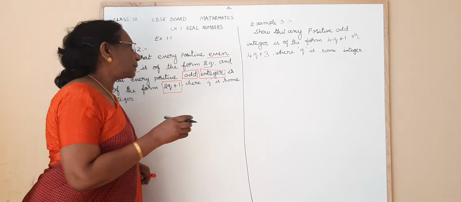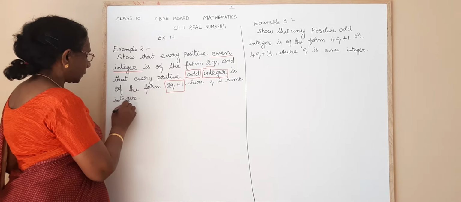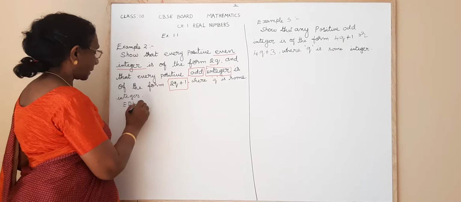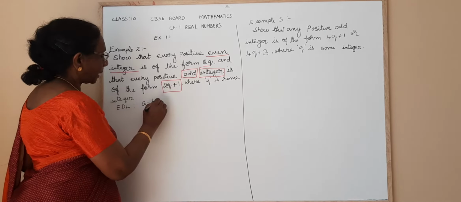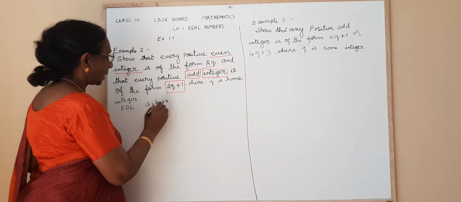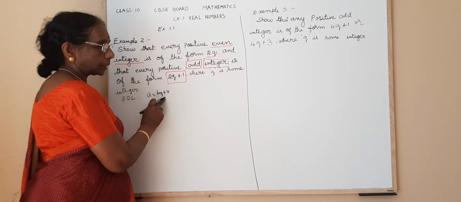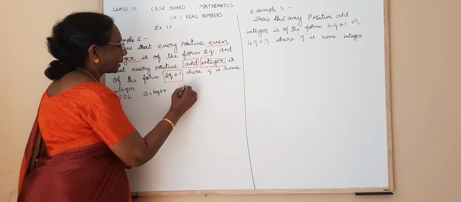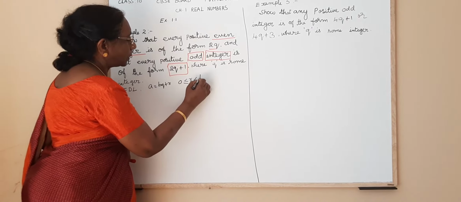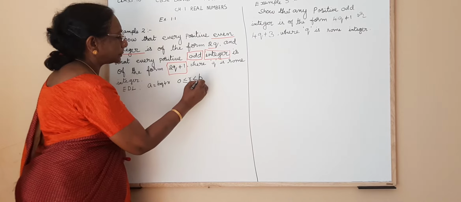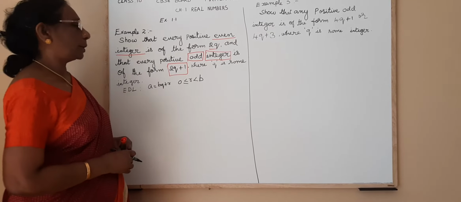As usual, first you have to write Euclid's division lemma. What is Euclid's division lemma? A is equal to BQ plus R, where A is the dividend, B is the divisor, Q is the quotient, R is the remainder, and the condition is R is greater than or equal to 0 but less than B. Now, first step.